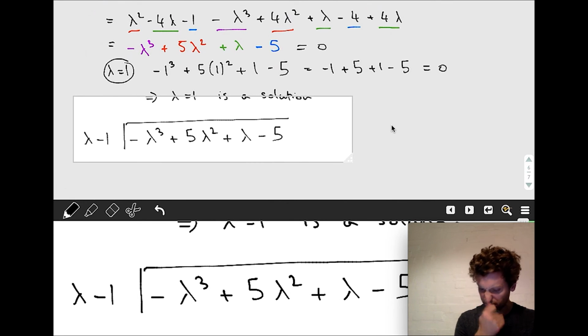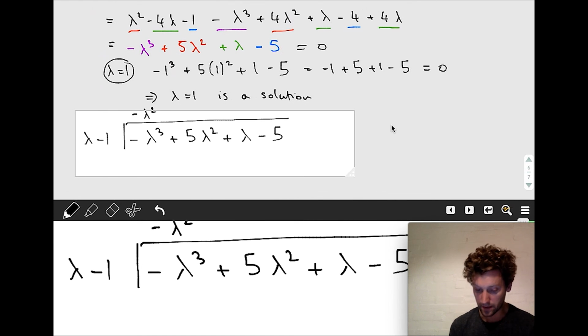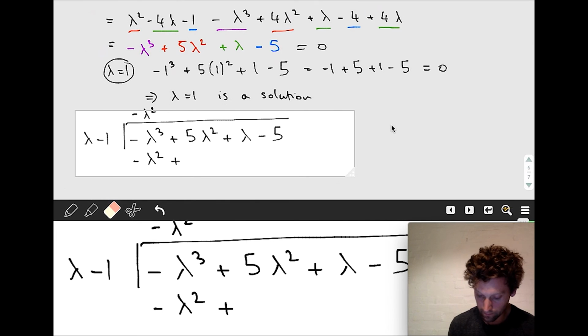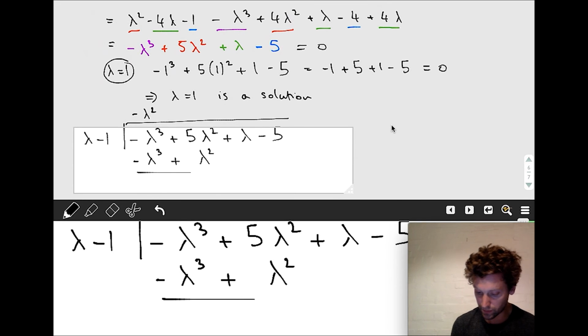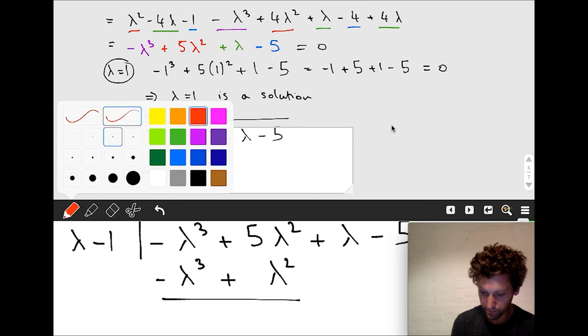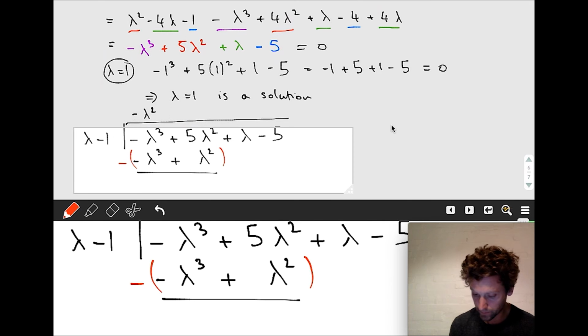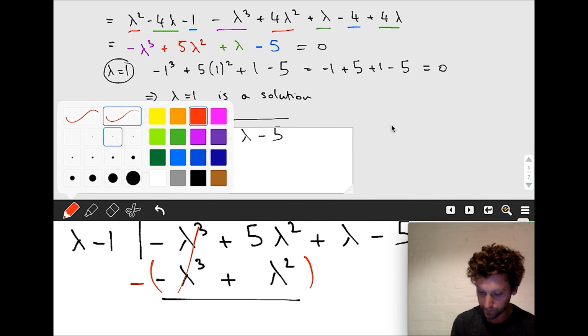So you can see that I need to multiply this expression by minus lambda squared. When I do that, I get minus lambda squared plus lambda, minus lambda cubed plus lambda squared. Subtract those two terms. You see that that's going to cancel.